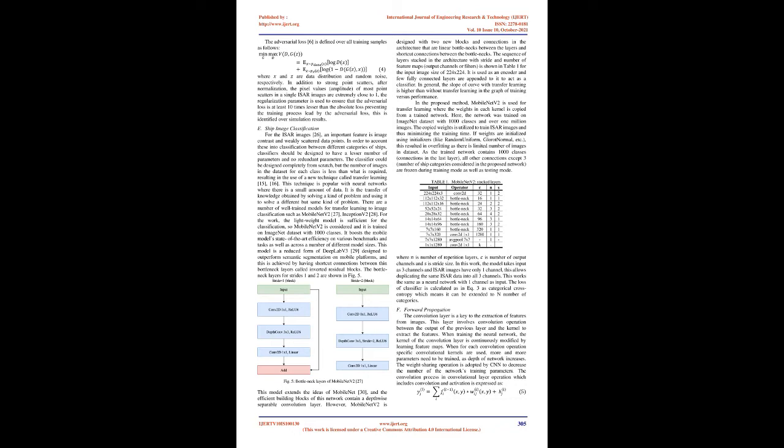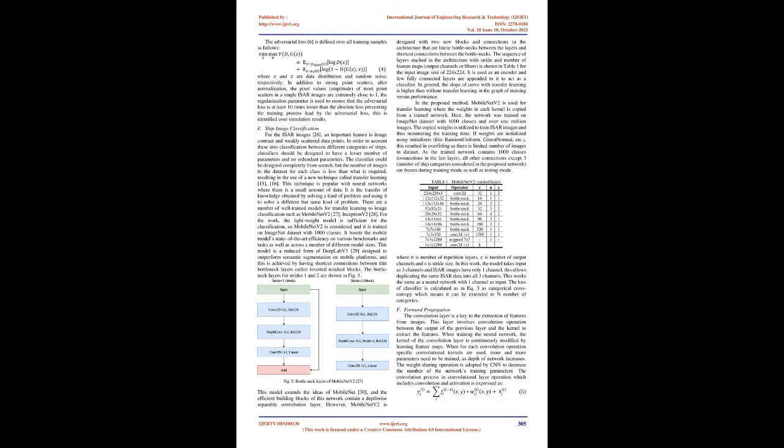The loss function used is binary cross-entropy. The adversarial loss 6 is defined over all training samples as follows, min_G max_D L = E[log D(x)] + E[log(1 - D(G(z)))], (4), where x and z are data distribution and random noise, respectively.